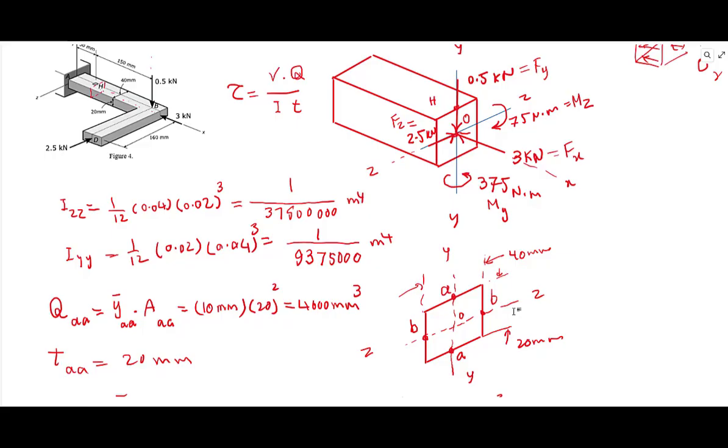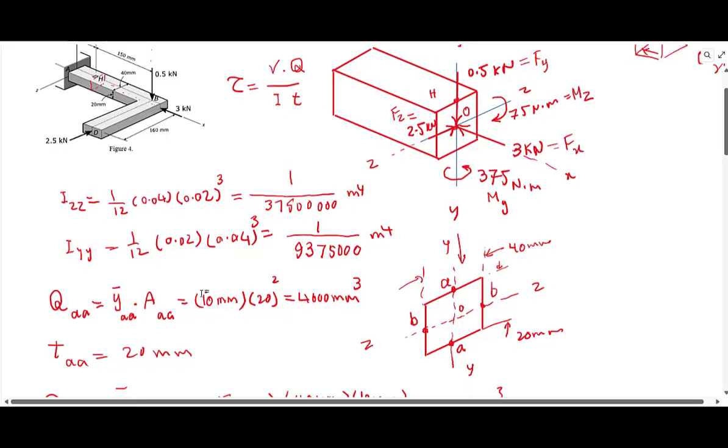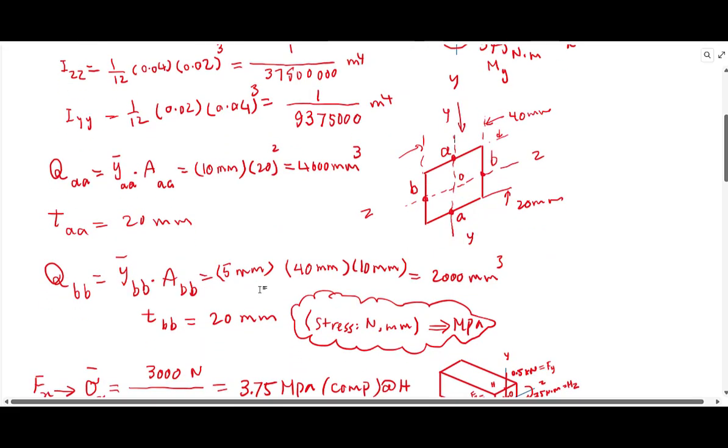When shear is exerted vertically, you are interested in Q where the neutral plane passes through BB. When the shear force is exerted along Z, the neutral plane would be AA. So for that reason, we have calculated Q_AA and T_AA, Q_BB, T_BB. So these are the numbers.